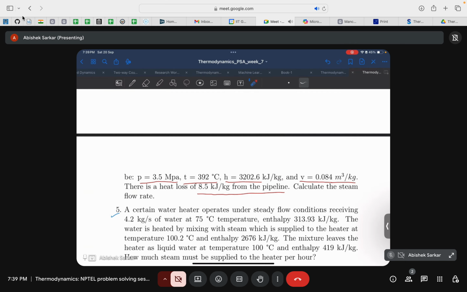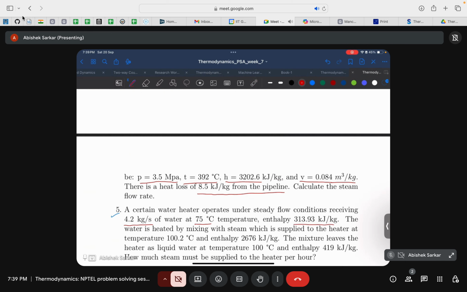A certain water heater operates under steady flow conditions, receiving 4.2 kg per second of water at 75 degrees Celsius temperature and enthalpy of 313.93 kilojoule per kg.